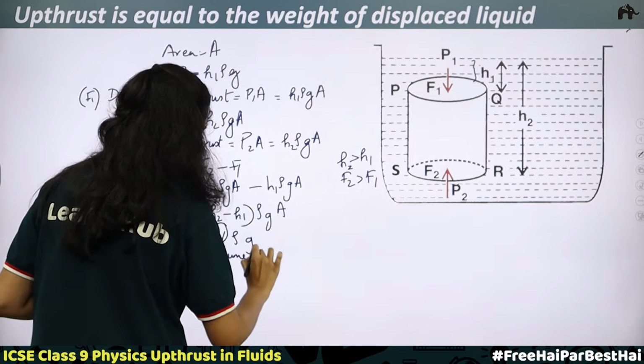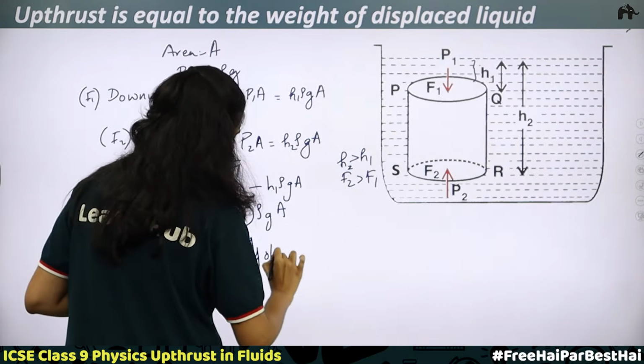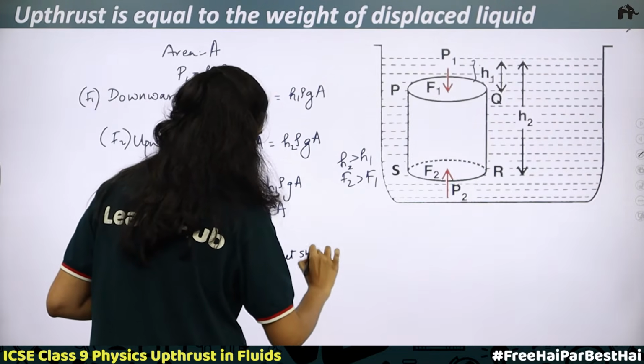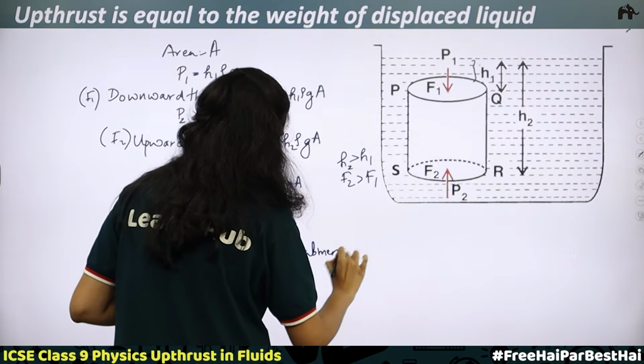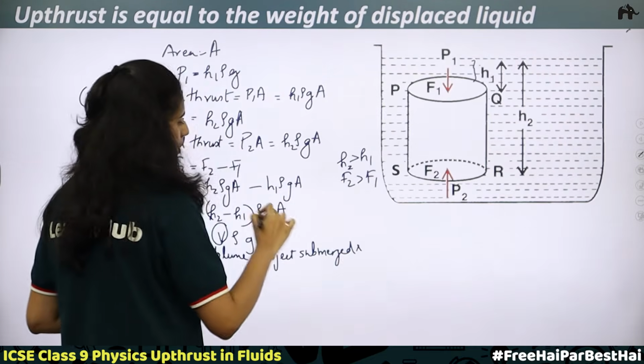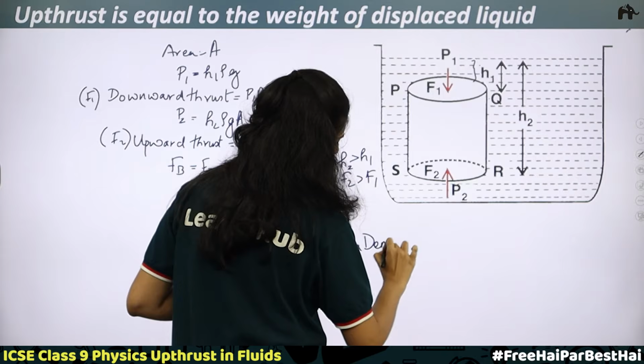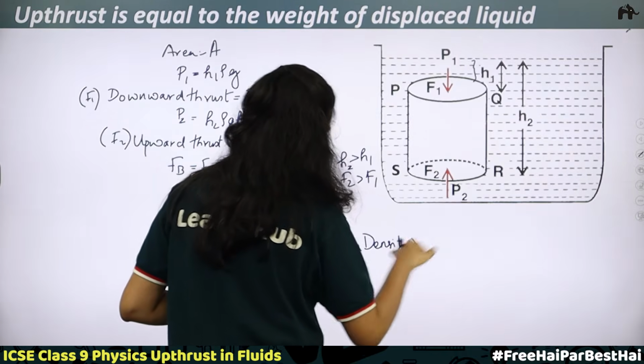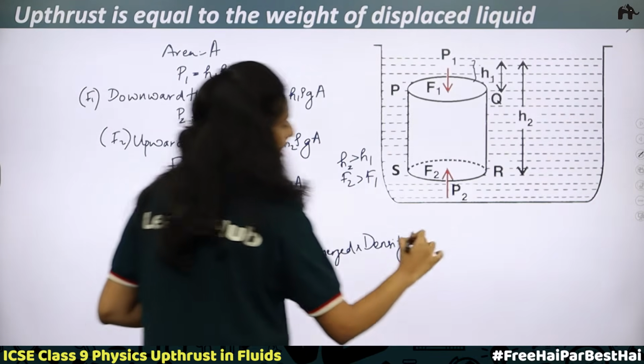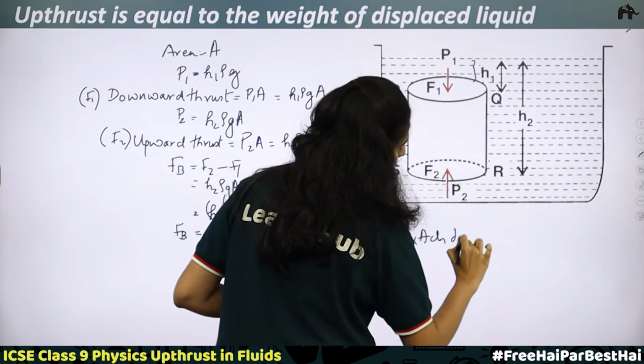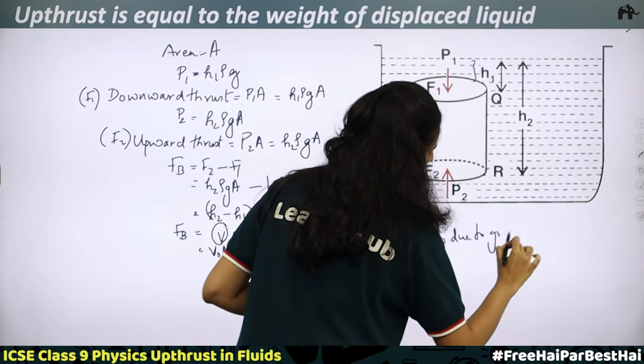volume of object submerged, into rho, which is the density, into G, which is the acceleration due to gravity.